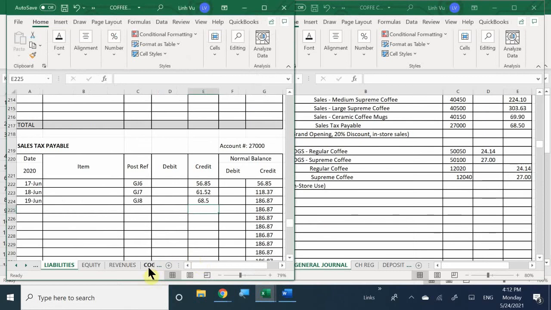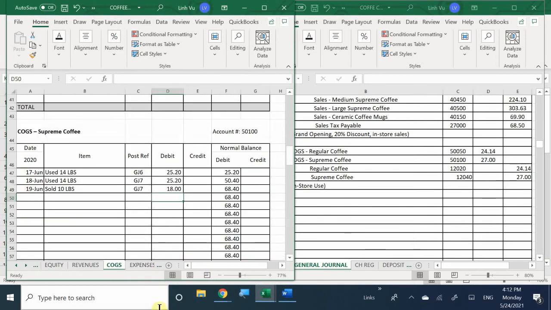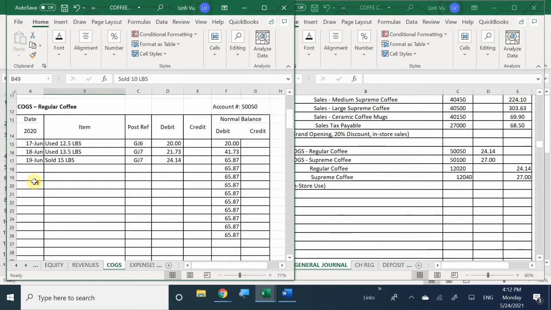Starting off with our cost of goods sold. Cost of goods sold for my regular coffee.